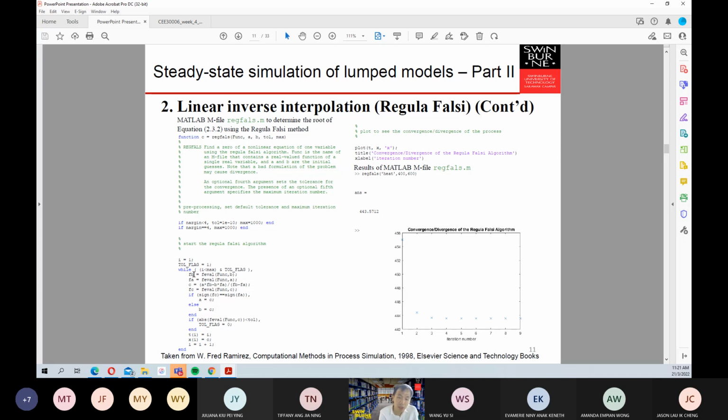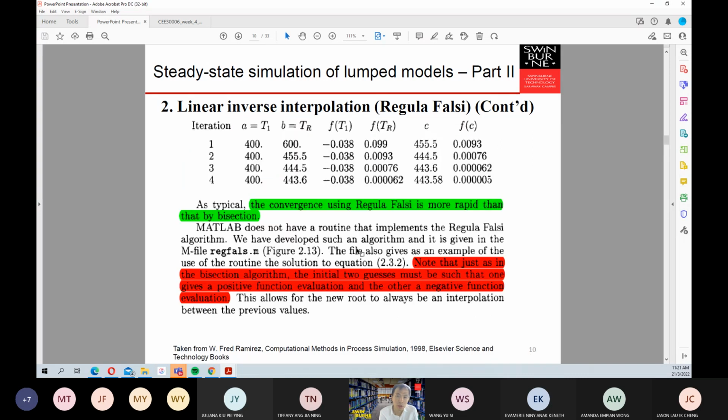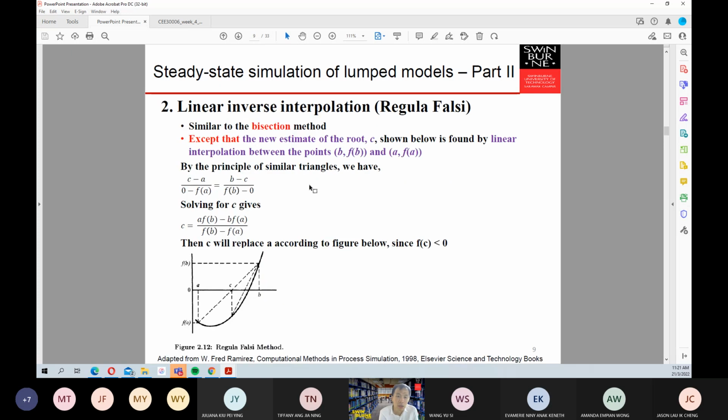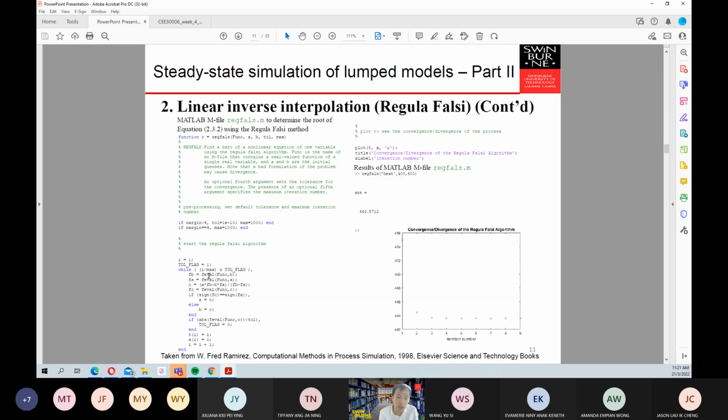This FB in here is the function evaluation of the function at B. So this will evaluate the value of the function that you put in here at the point B. The point B is anything that you put in here.